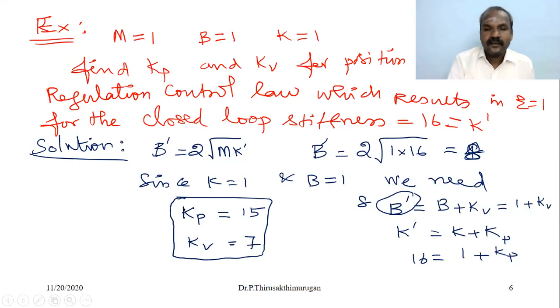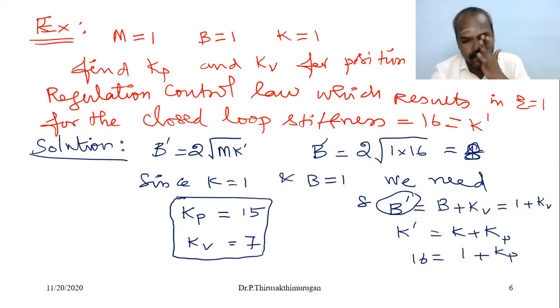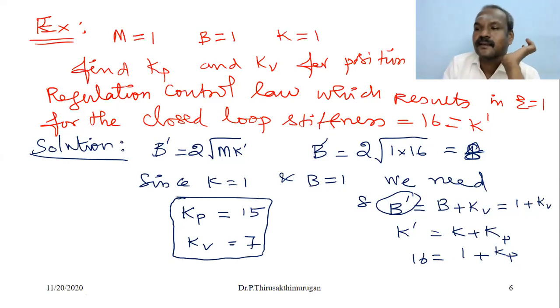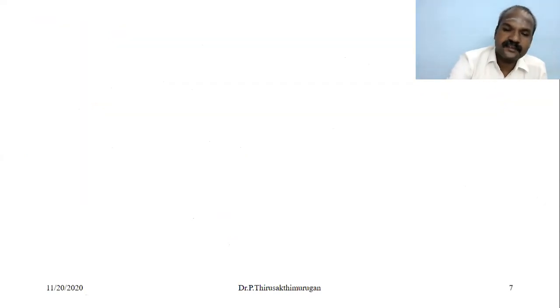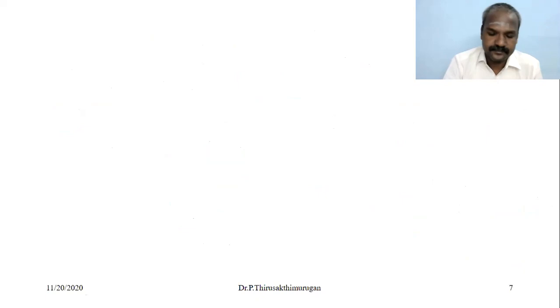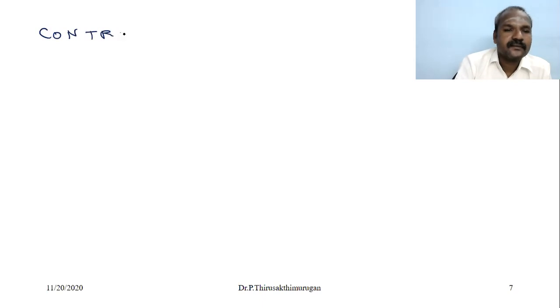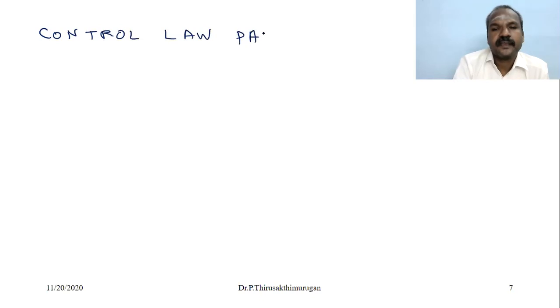Okay, so that's why I am telling you, whether KP and KV are positive or negative depends on the system parameters, right? Now, next is control law partitioning.